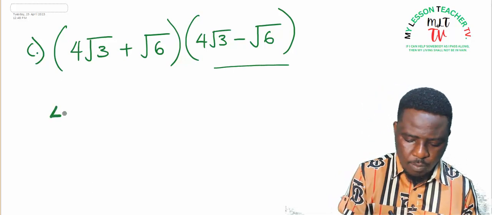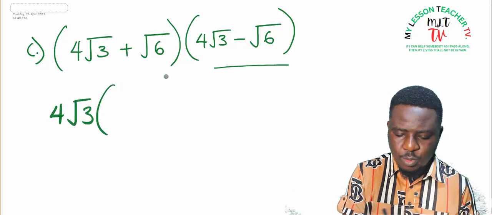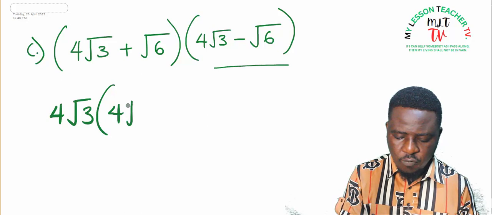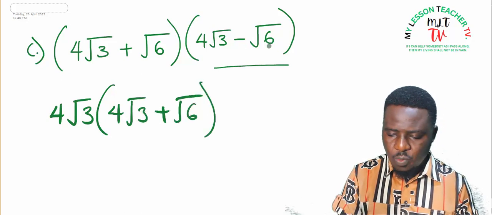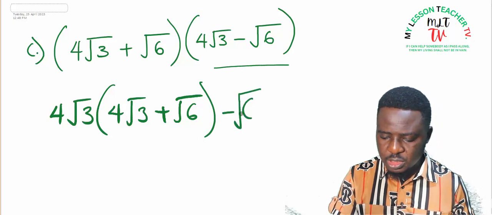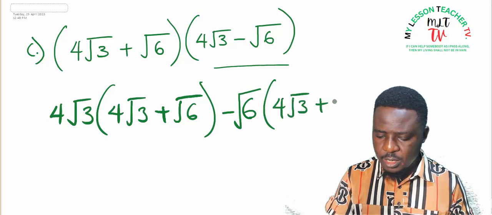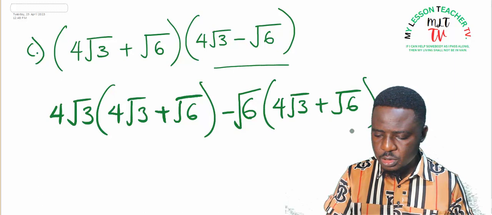This will become 4 root 3 to be multiplied with the first bracket, 4 root 3 plus root 6, while the second term in the second bracket is minus root 6 to be multiplied with 4 root 3 plus root 6.